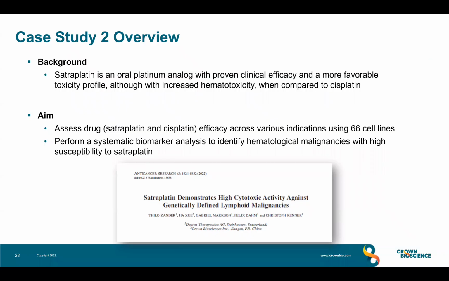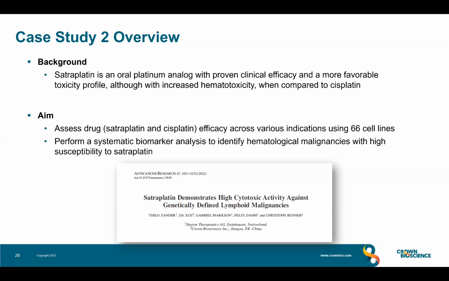This study is a collaboration project between CrownBio and Datum Therapeutics, and the results were published in Anticancer Research this year. We were working on a fourth-generation platinum compound, satraplatin. Satraplatin has a more favorable toxicity profile, especially in hematopoietic cancers, when compared to cisplatin.